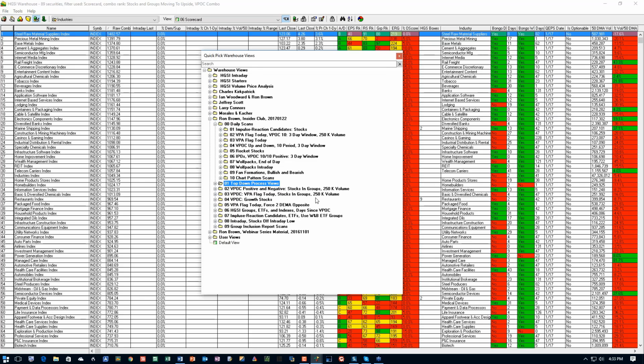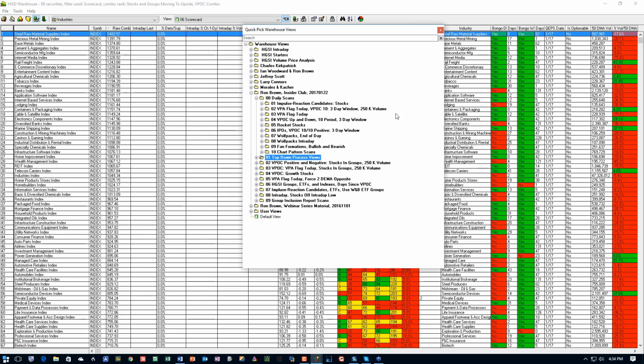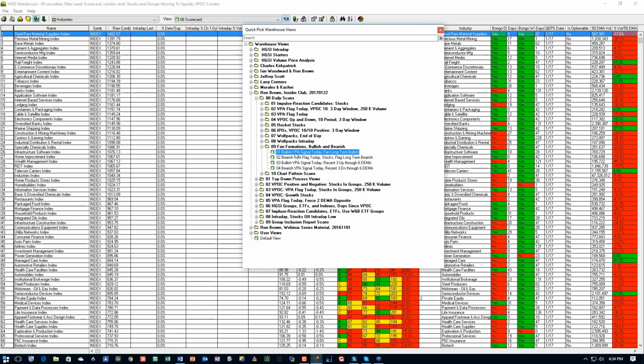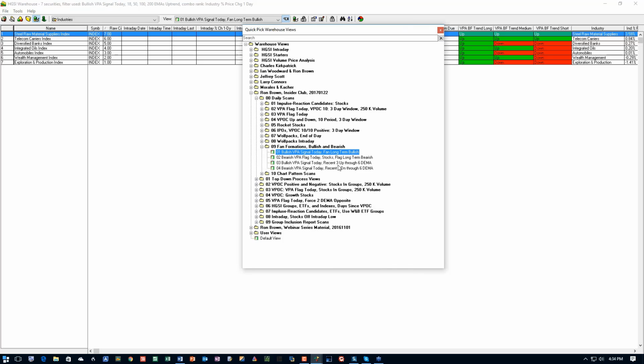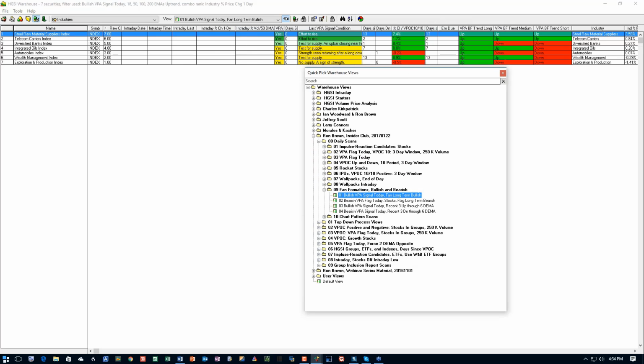You can also scan for stocks based upon these other things, fan formations and so on, and then you can just go backwards. You can go from bottoms up first and then look at the group and see the relationship of the group. I want to point out that you can also use these fans on the industry groups.